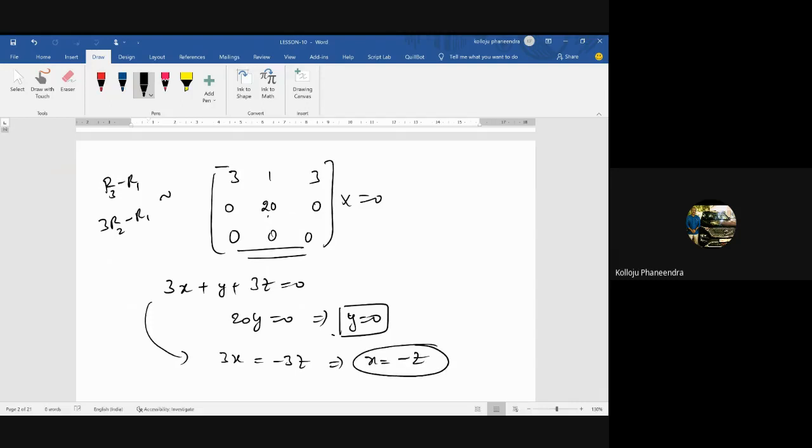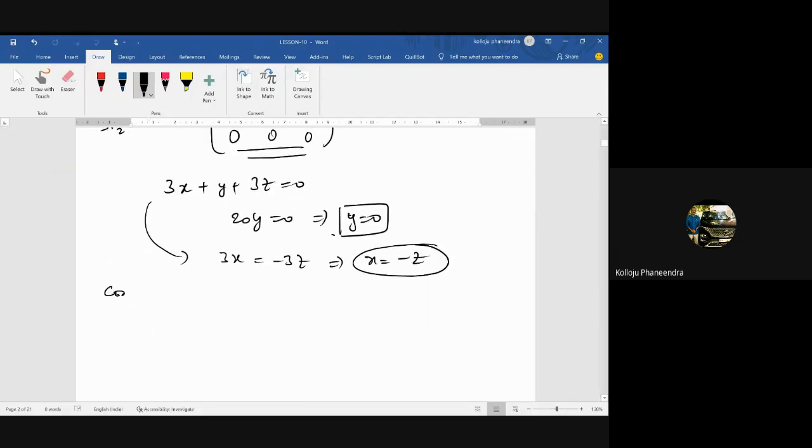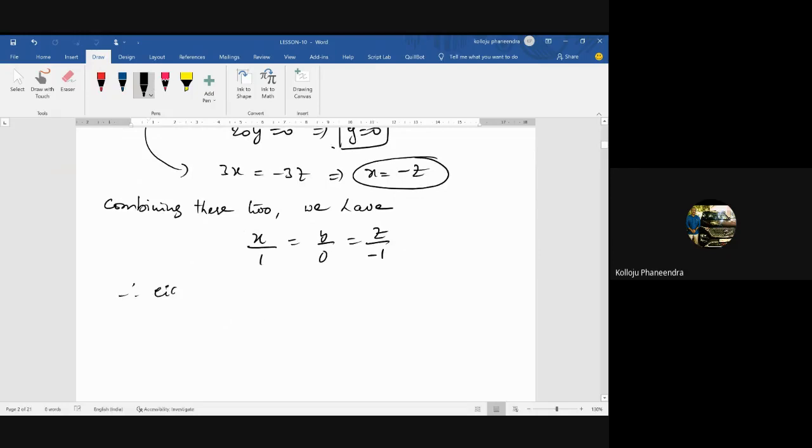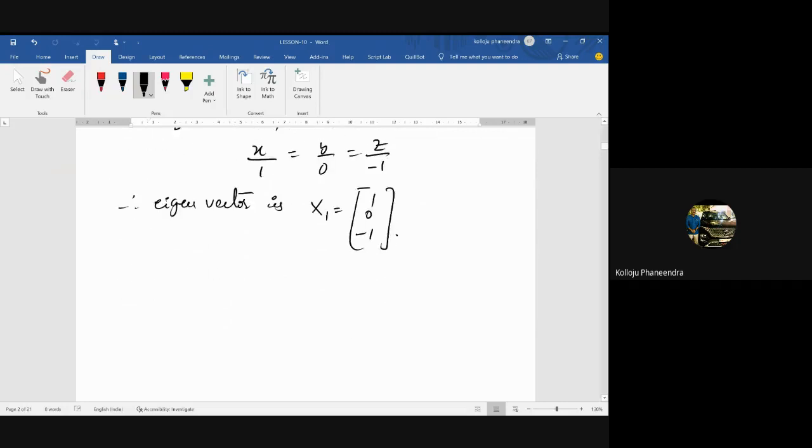Combining these two, x by 1 equal to y by 0 equal to z by negative 1. Therefore the first eigenvector is X1 equal to [1, 0, negative 1]. First one is over.